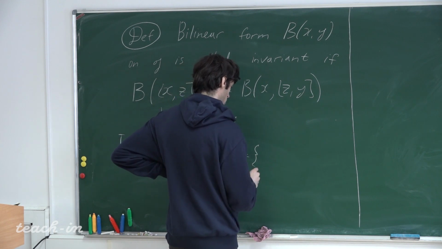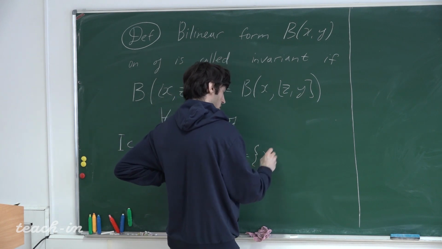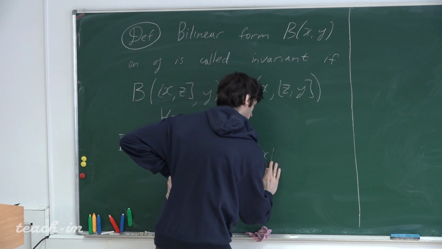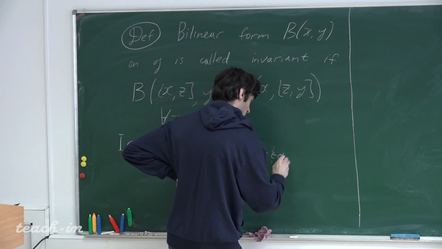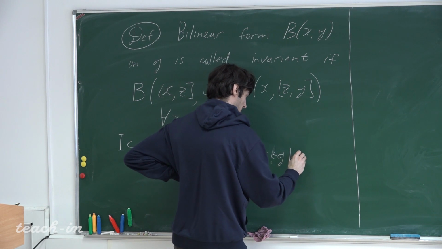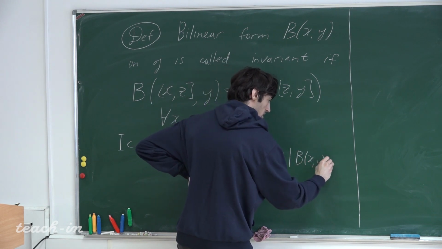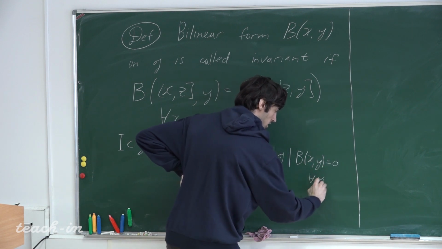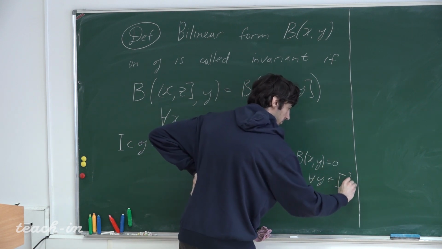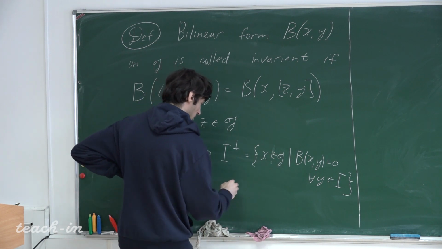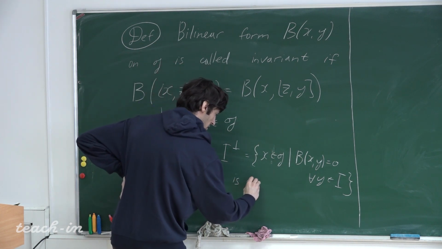The orthogonal complement is all x in G such that B of x with y is 0 for every y in I. So then this is an ideal.